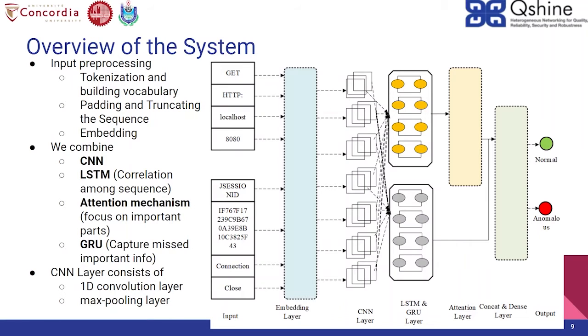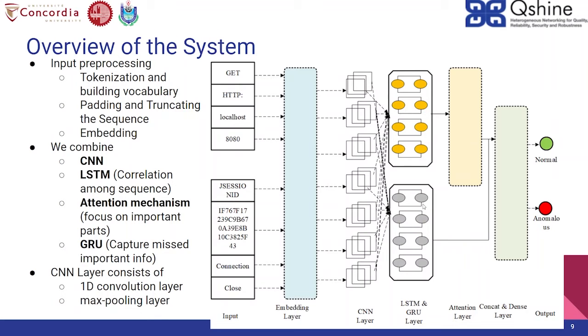Then we finally combine different versions of deep learning models: we combine CNN, and we combine LSTM. LSTM helps to correlate among sequences. We then use an attention mechanism, which helps to focus on important parts. Then we use a GRU model, which captures the information that might be missed by the attention mechanism.